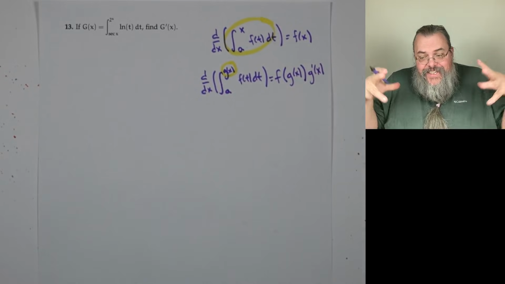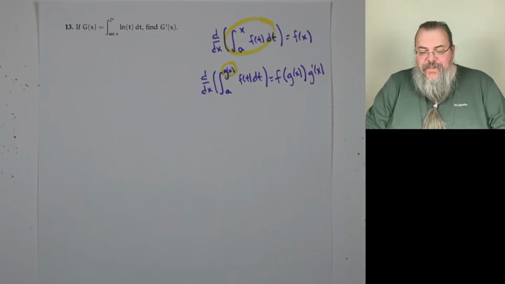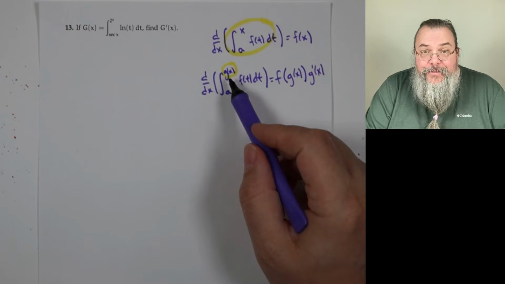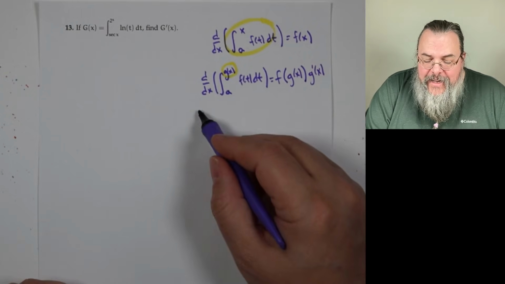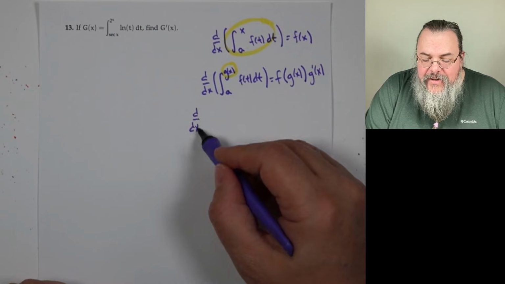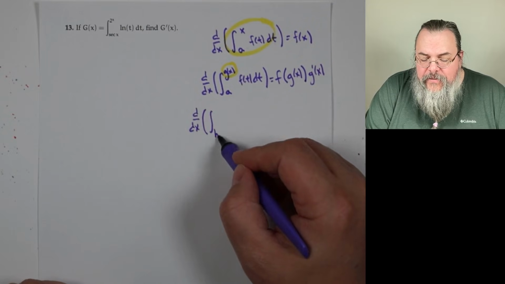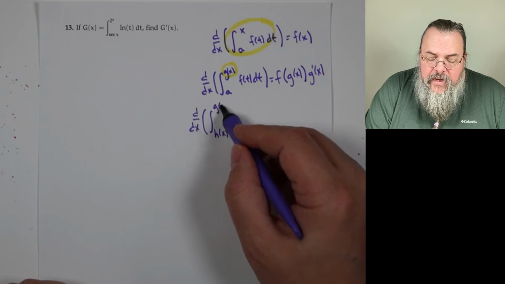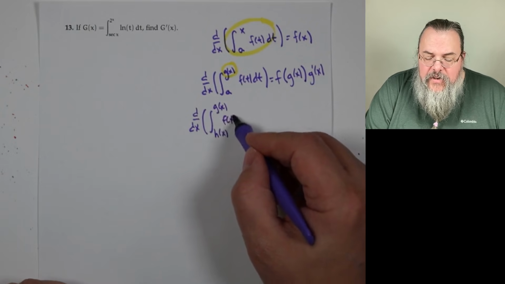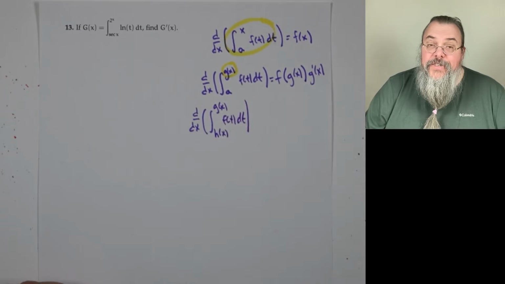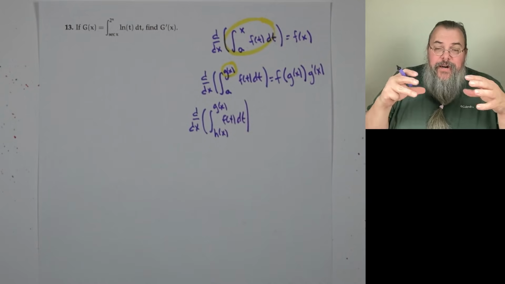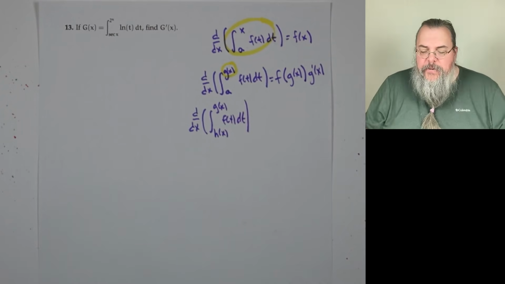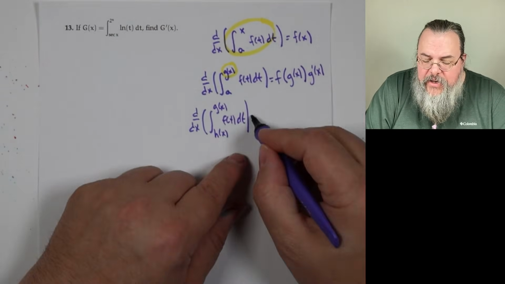Okay, so that's the next layer, right? It's the chain rule plus the fundamental theorem of calculus. Now, the last layer says, oh, what if you have the integral from h of x to g of x of f of t dt? The answer? Well, you can split into parts and flip one part upside down, but I'll go ahead and write it down.